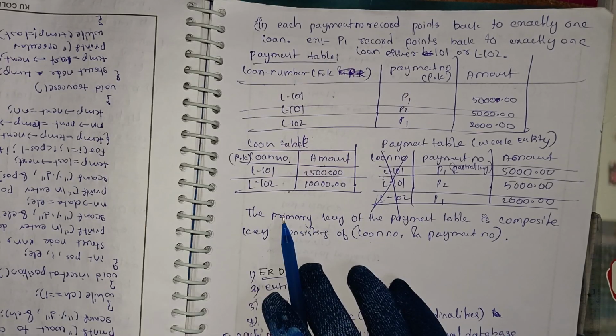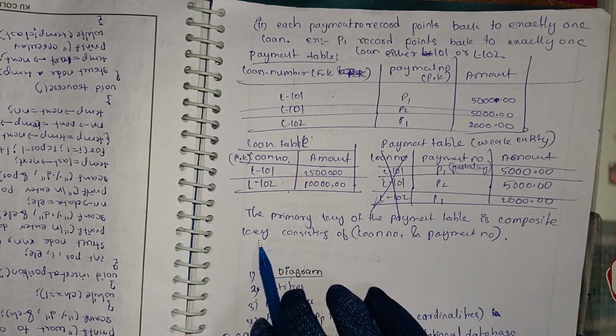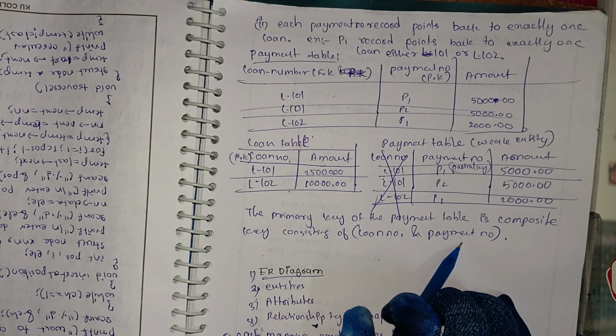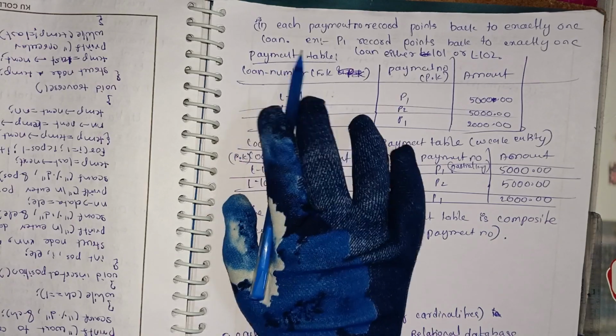So the primary key of the payment table is a composite key consisting of loan number and payment number. This payment table is the output table.